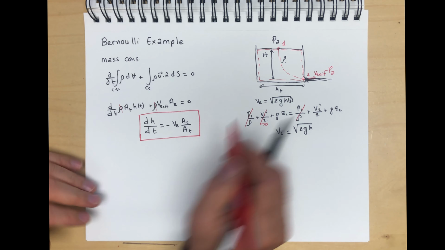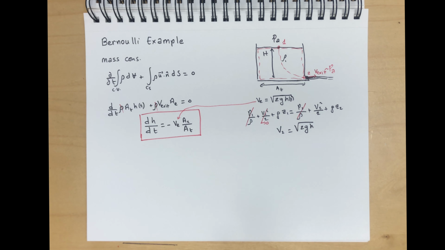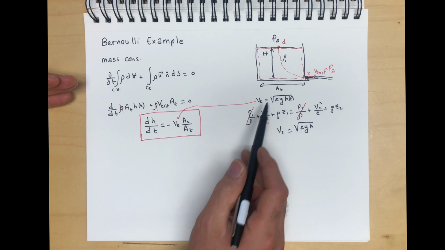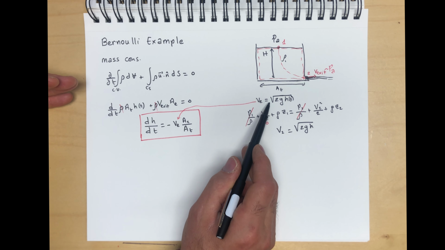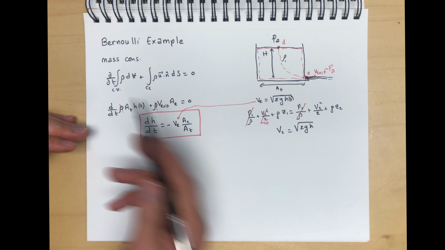Okay, so now we can take this and plug it in here. This is really great because now we use two of the laws that we've applied using the Reynolds transport theorem. We used the mass conservation law, and then we used the momentum law simplified to the Bernoulli equation.